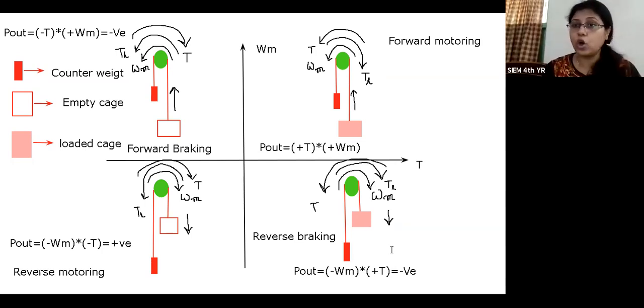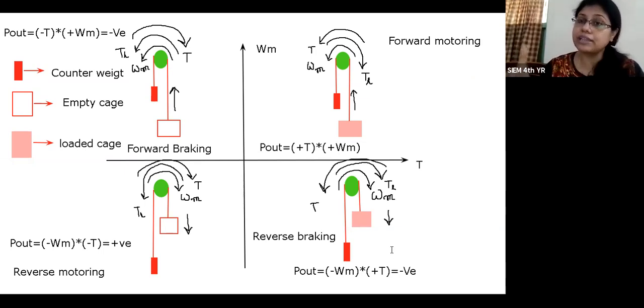One side of the rope is connected with a counterweight, and the other side of the rope is connected with a cage. The purpose of the cage is to shift the load from one step to another. And you have to remember one thing: the weight of the counterweight is greater than the weight of the empty cage.